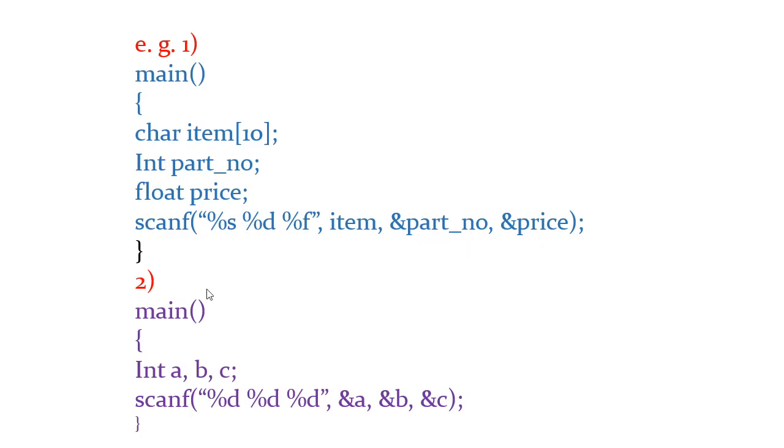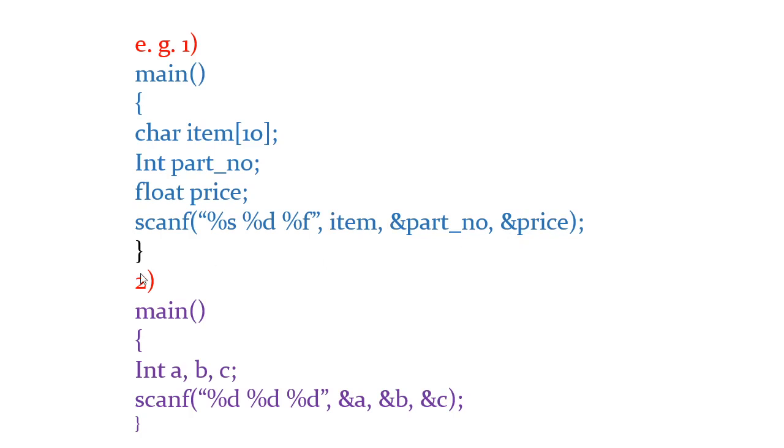This specifies the string, integer and float. So item is a string, this is the part number, and this is the price. You can see that the string is not preceded by the ampersand, but the rest, %d and %f, are.